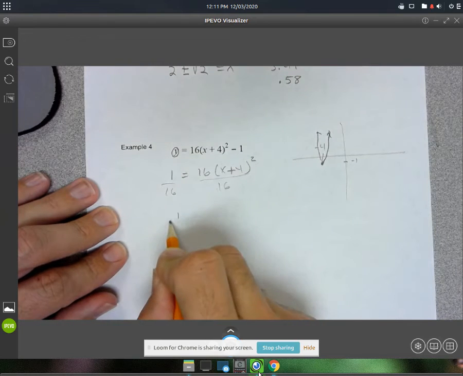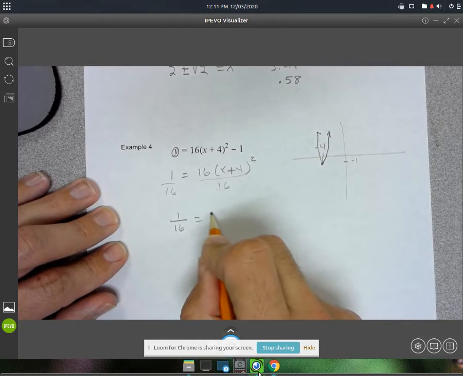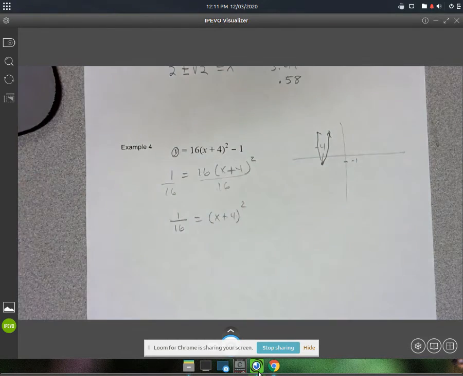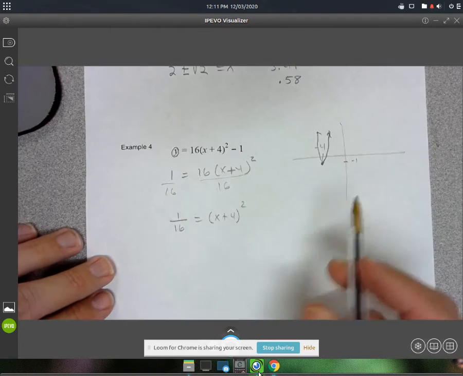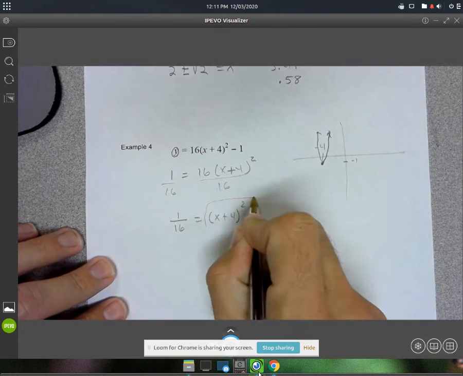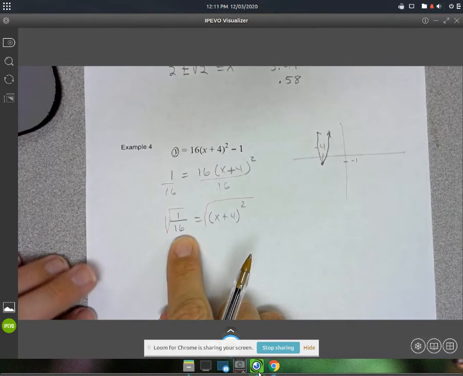So this is going to be weird. We're going to have 1 over 16 is equal to (x plus 4) squared. All right, and I left it as a fraction. You'll see why, because this is actually kind of a special case. When we square root both sides, this will actually behave kind of nicely.